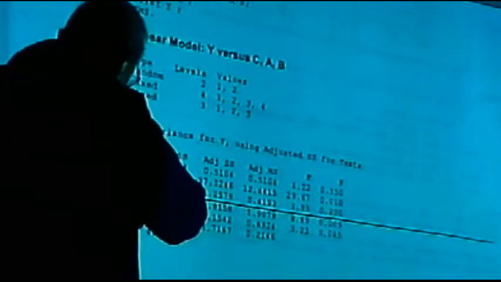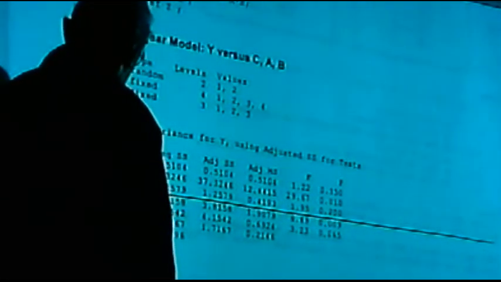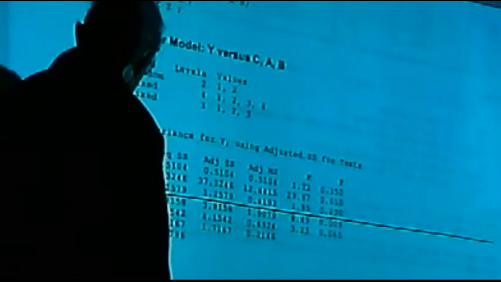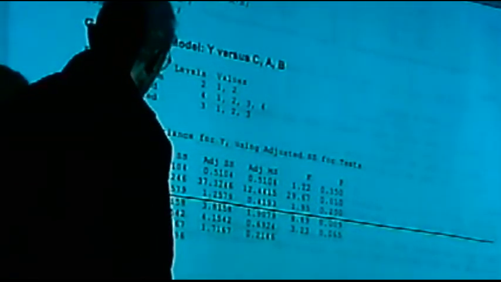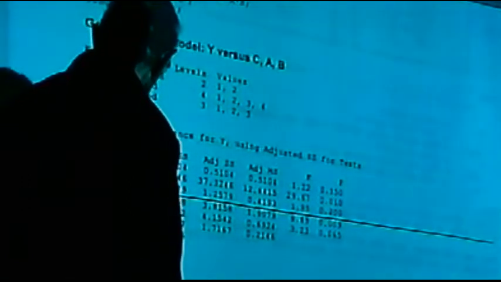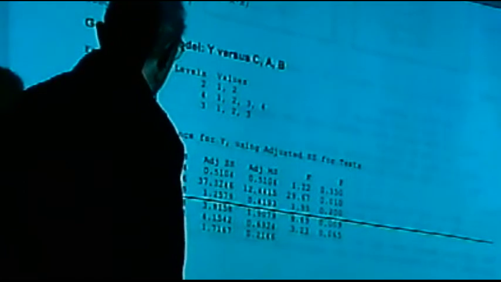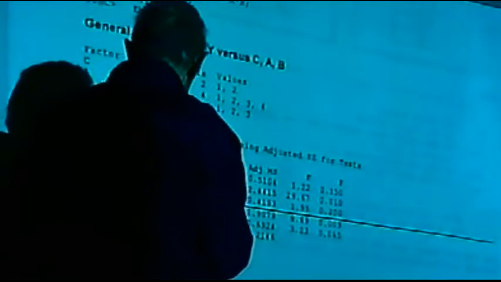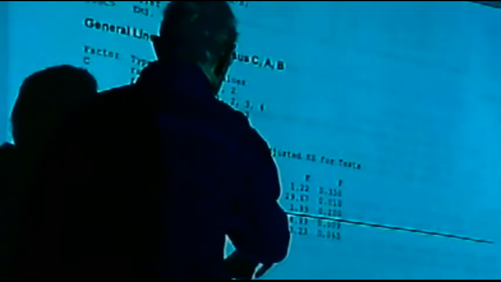So then we drop down below the line where we have information about the split plot part of the data. We have factor B, A times B, and a line that's called error. So if we roll along here, mean square error is this 0.2 here.